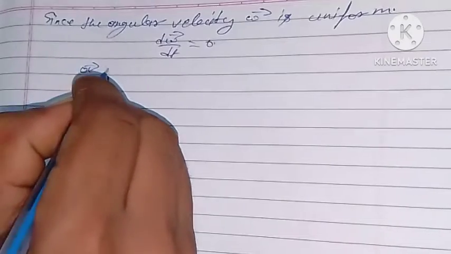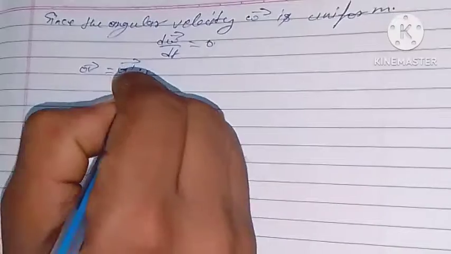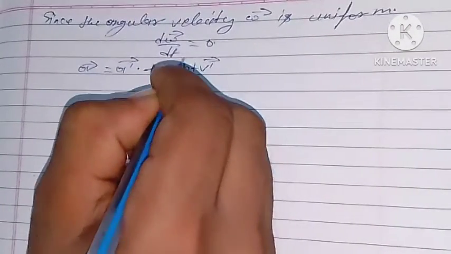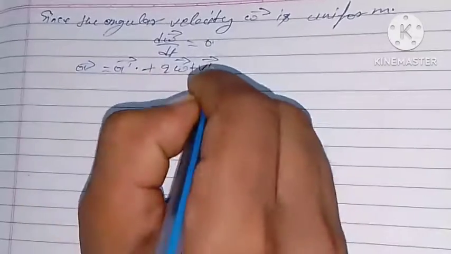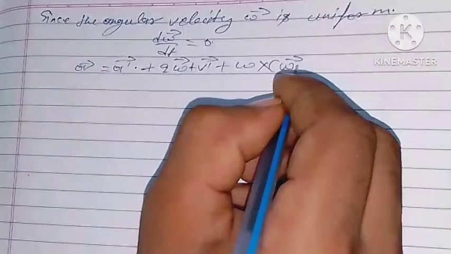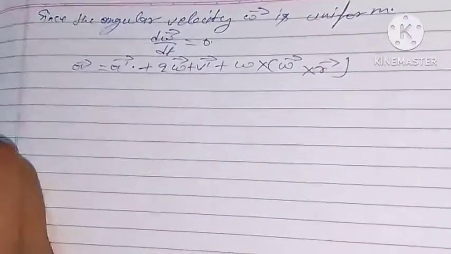So vector a equals vector a dash plus 2 omega cross vector v dash plus omega cross omega cross vector r.